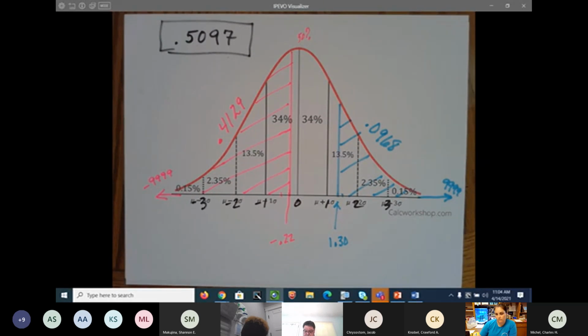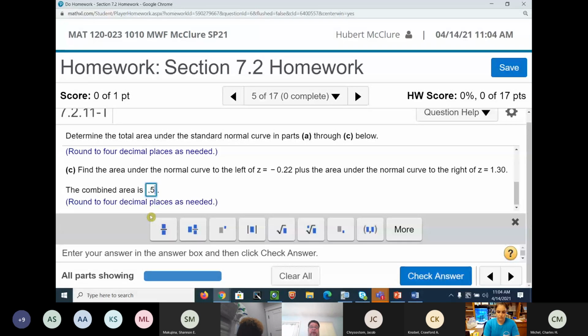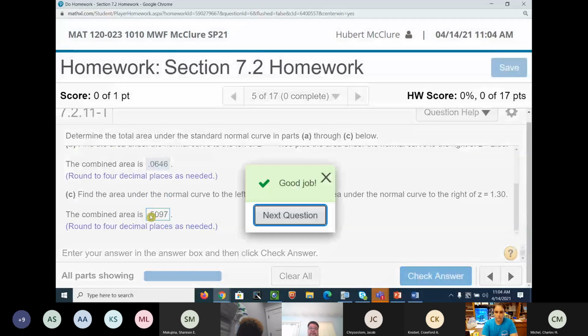And my mouse, I must have put the batteries in the wrong way. Dang it. I have to use this mouse pad. 0.5097.